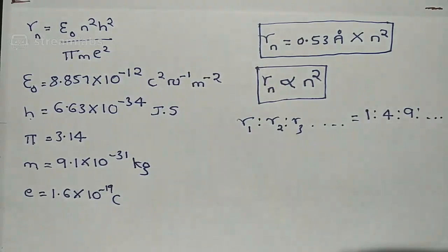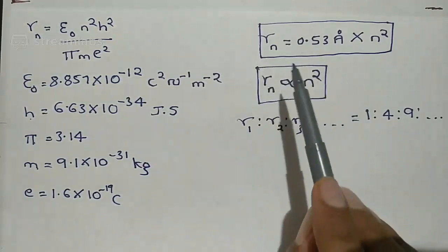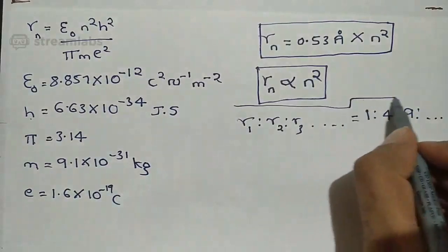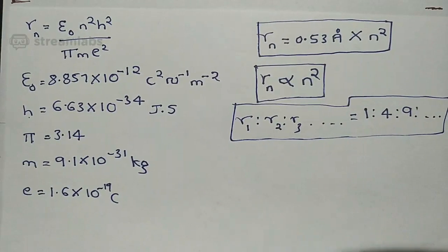1:4:9 continuous. That is the ratio. And now it is very easy to find out the radius of the electron orbits. Now if you look at this point, I have a simple question to you. Whether electron orbits are equally spaced.